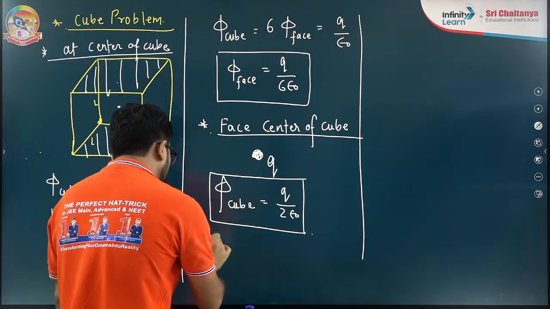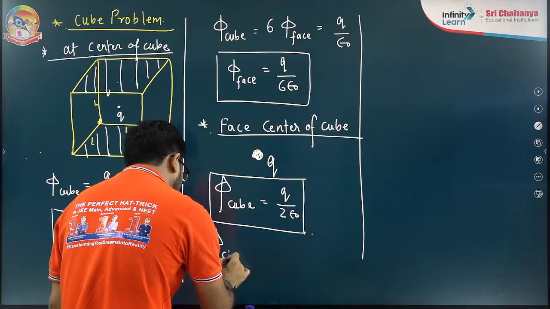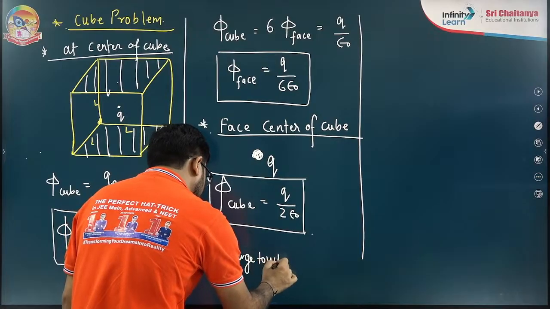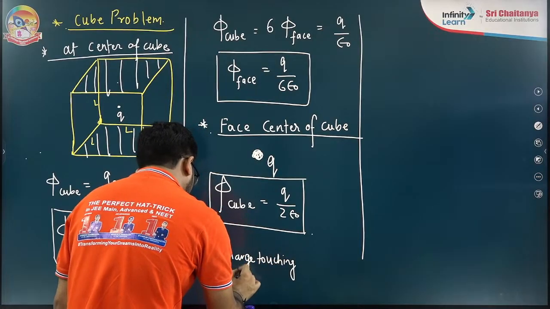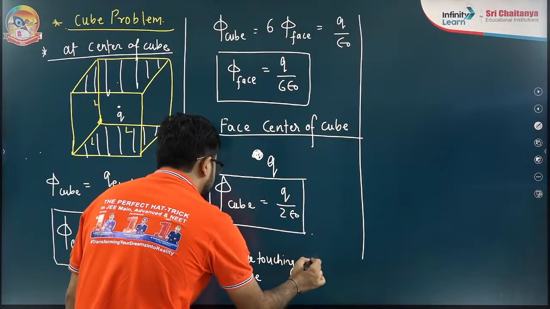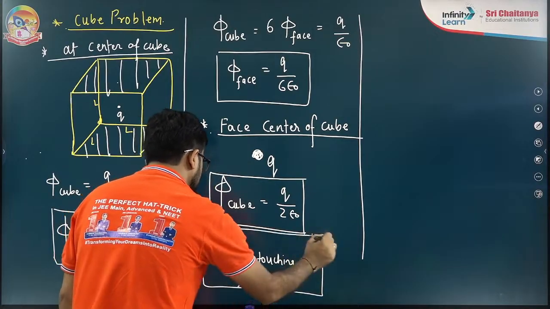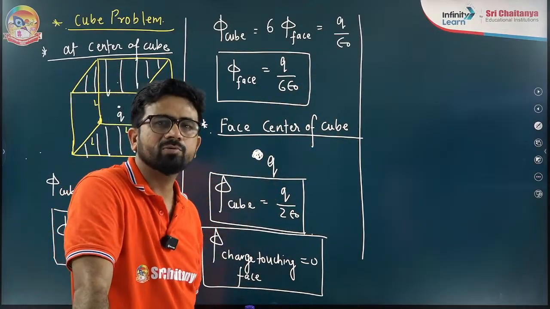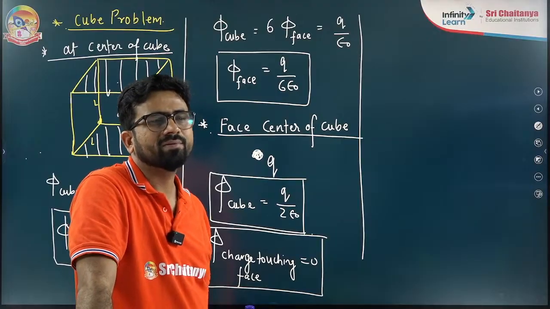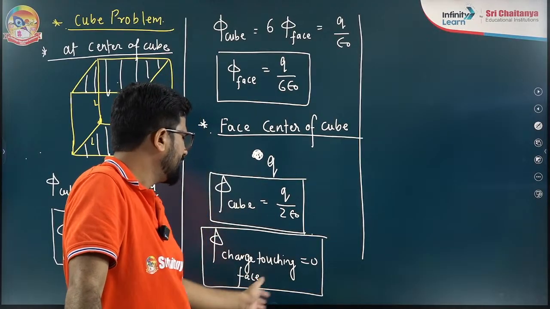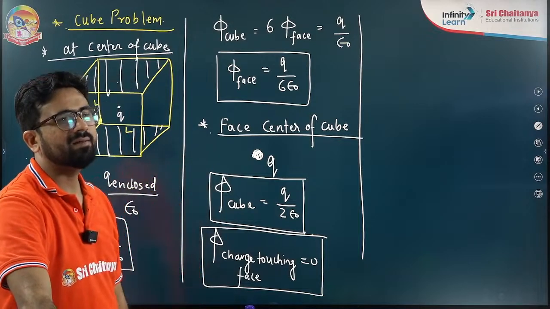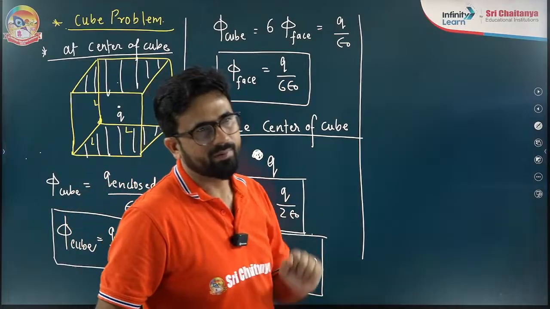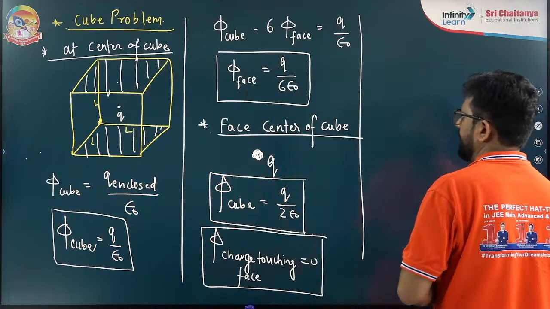So the flux through the touching face is 0, because the field lines are parallel to the wall, so no flux is going to pass through it. This is a very simple thing. We can say the flux through the touching face is 0, but for the other 5 we cannot tell right now. Forget about it, they are not going to ask you how much the answer would be.